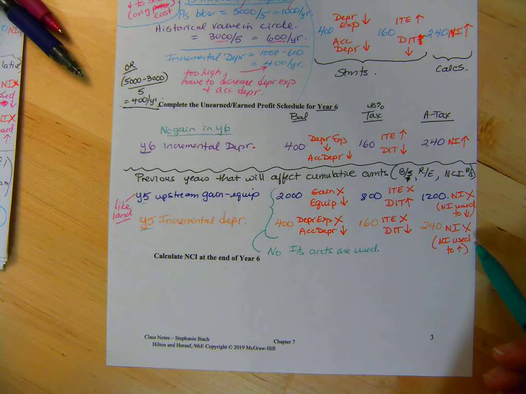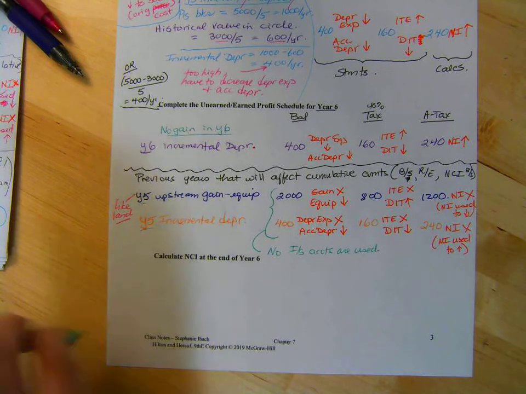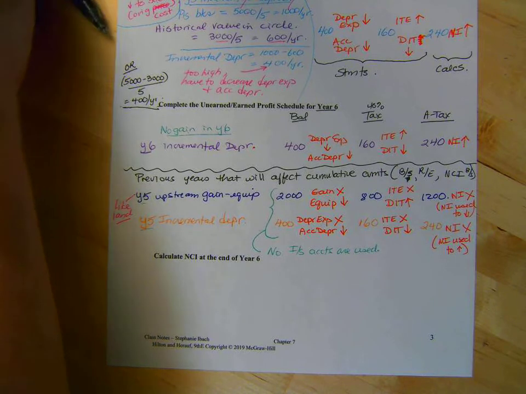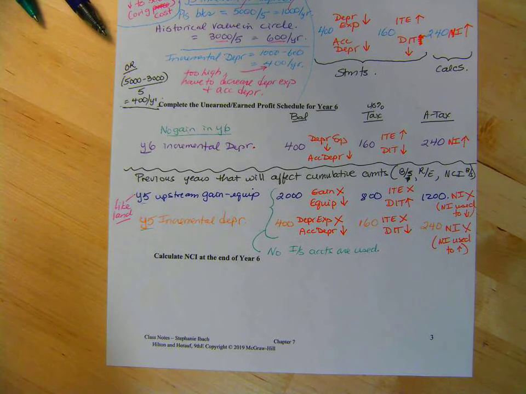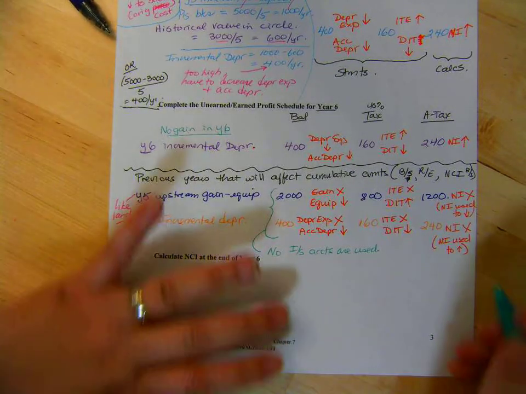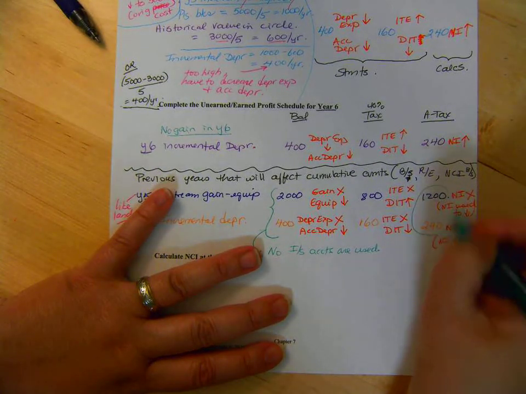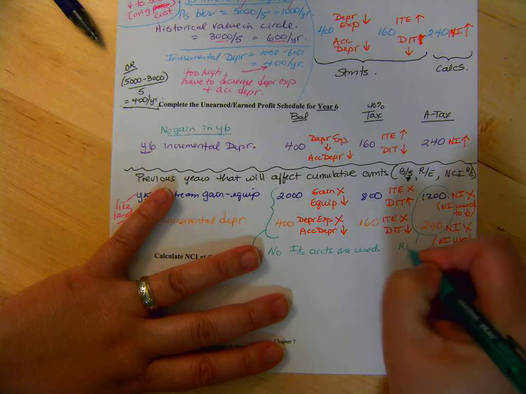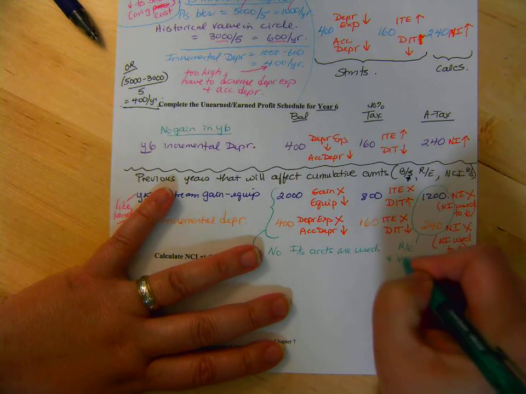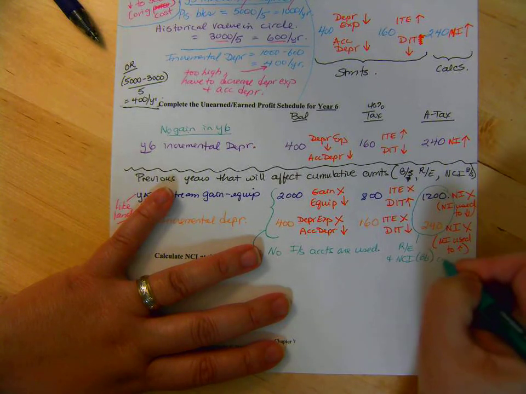So you would use it for retained earnings and NCI on the balance sheet. Well, let's write that down. And these two numbers are for retained earnings and NCI sheet calcs.